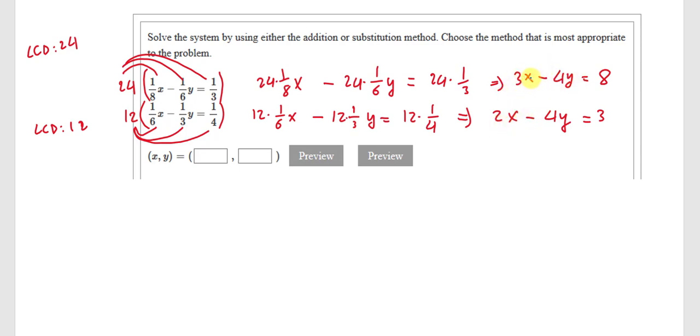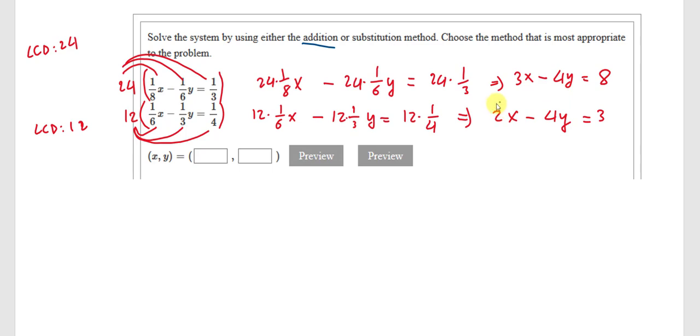And again, if you solve for x or y, you have to move things around and then divide by the coefficient, and then you get fractions again. So I don't like that. Maybe we can go with the elimination or addition. Well, we already see that there's a minus 4y. So somehow we have to make one of them to be plus 4y, so that we can add them together and the y term is gone, right?